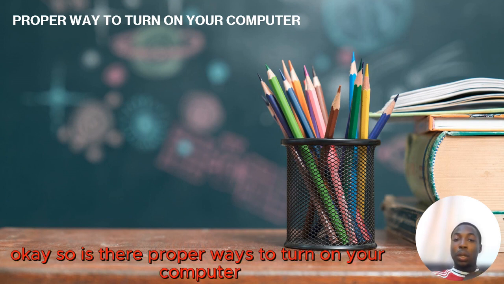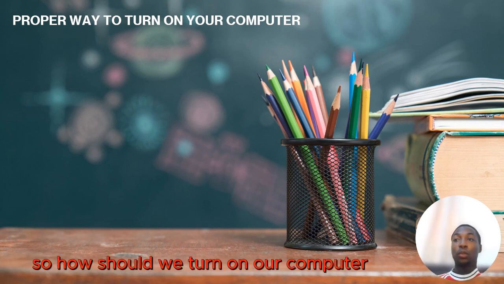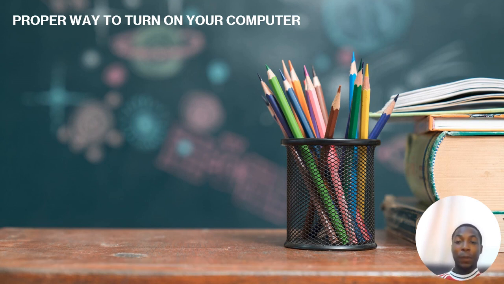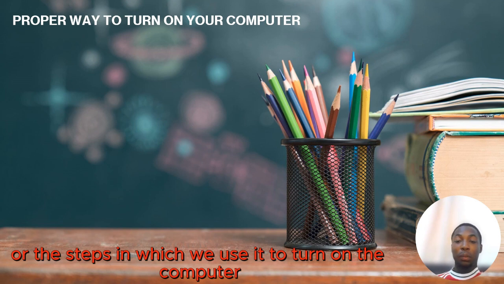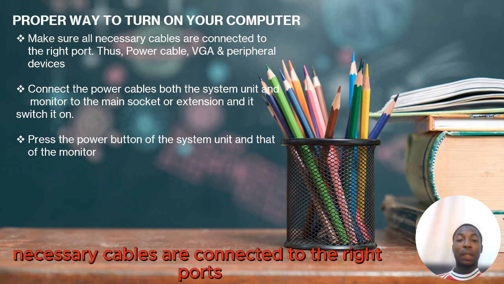So what are the proper ways to turn on your computer? What are the steps we use to turn on the computer? It says make sure all necessary cables are connected to the right ports.